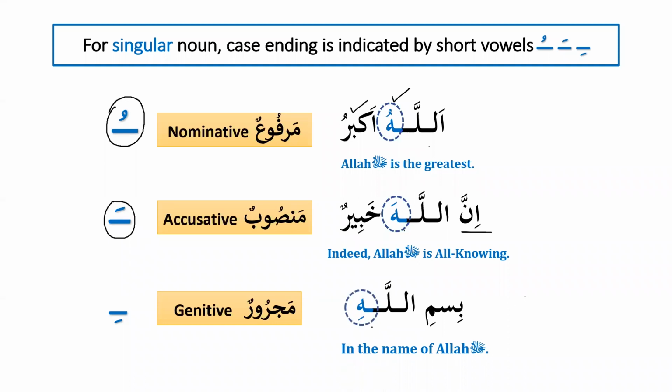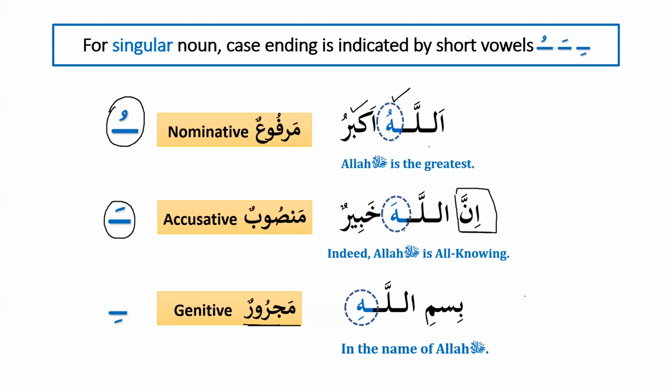And in the third example, we can see that Lafdul Jalala has Kasra over here, and that's why we will say that this is Majroor. Now, if you remember, I told you that for a noun to be in a state of Mansub or Majroor, there must be an Amil.